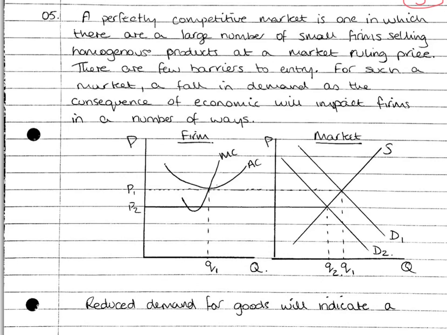There's up to 6 marks for defining the characteristics of perfect competition. Large number of firms selling a homogeneous product. Few barriers to entry, no barriers to entry in perfect competition.